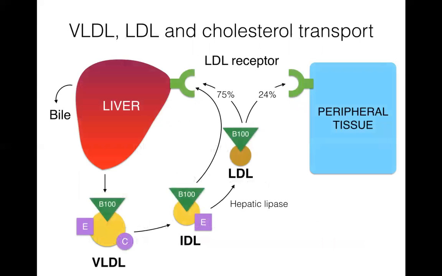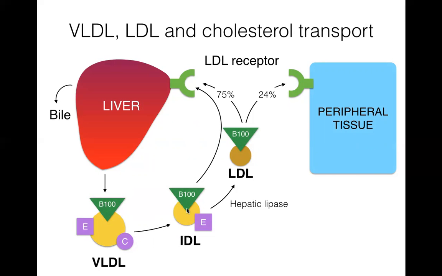So this illustration now shows the fate of both VLDL and LDL. So we all know that excess calories are converted into lipids in the liver, exported out in the form of VLDL. Once it has delivered its content, it is converted into IDL.